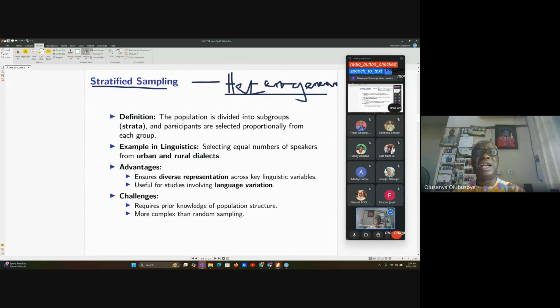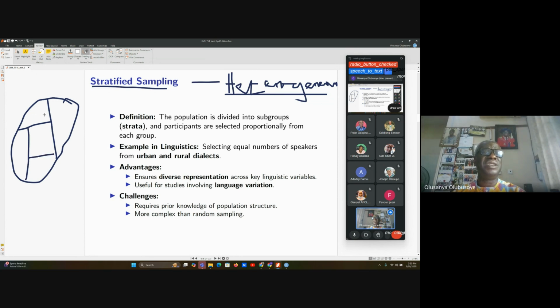So divide the population. If this is the population, then you might need to divide it based on the group.